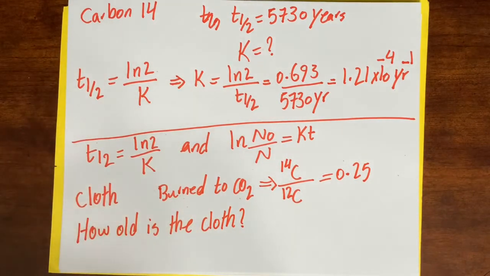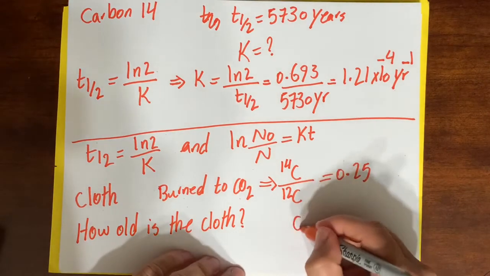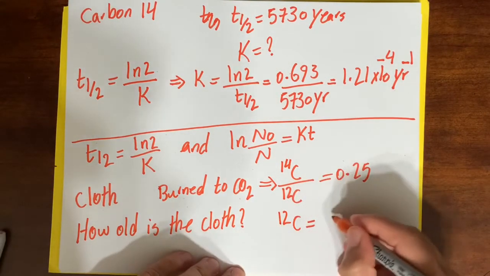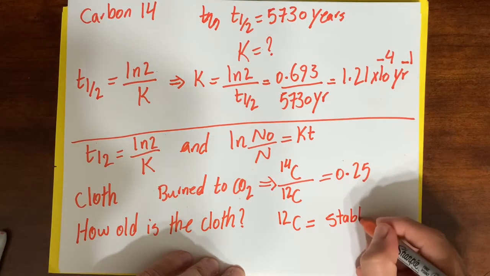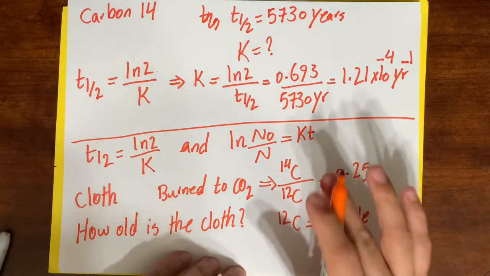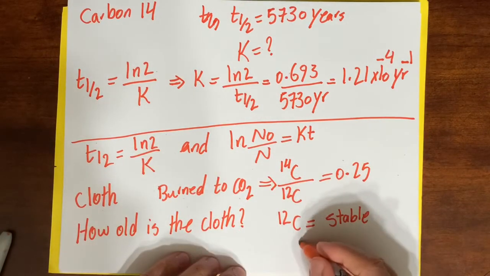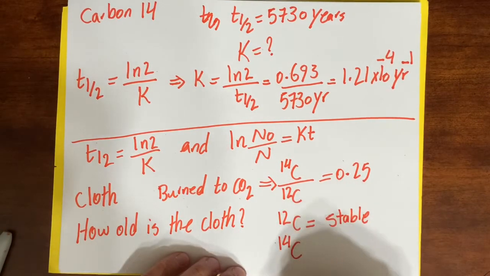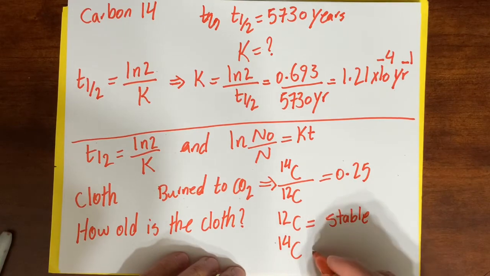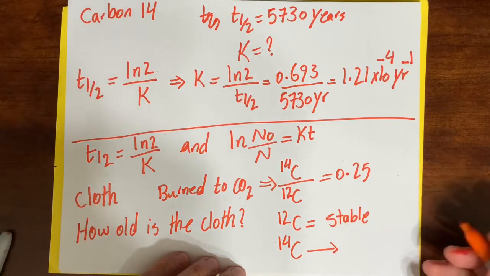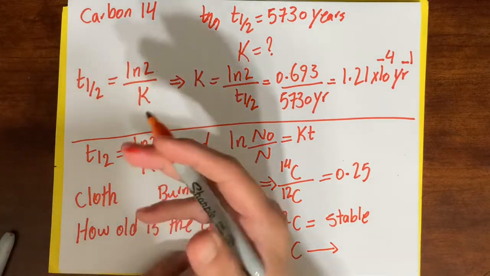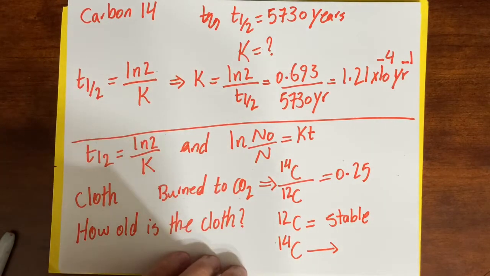I need to say one thing. Carbon 12 is stable, and it will stay as it is. But carbon 14 is not, and over time it will turn to either carbon 12 or other, it depends which reaction is involved in it.